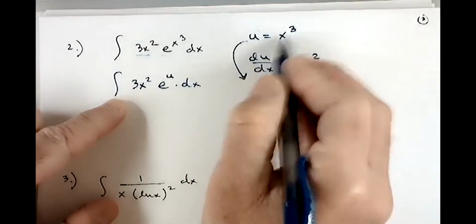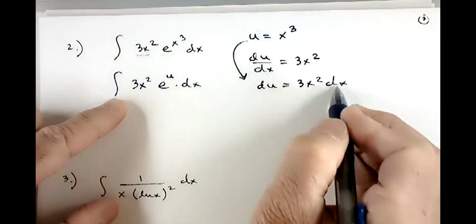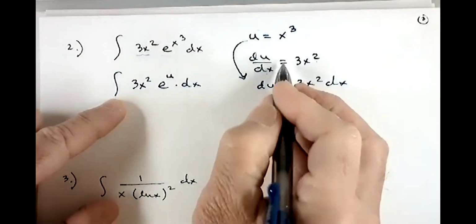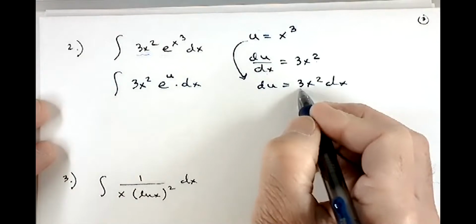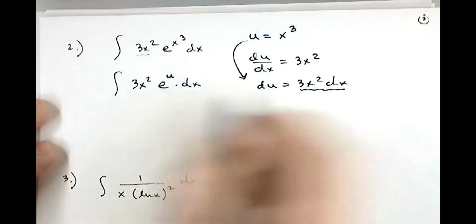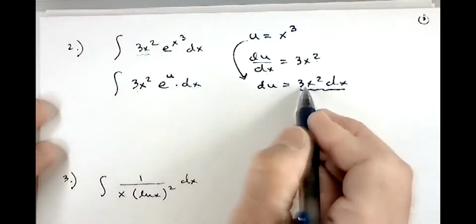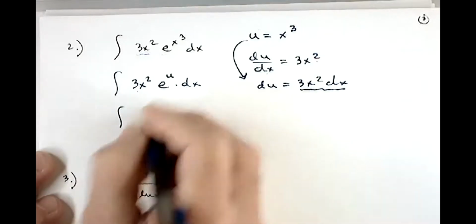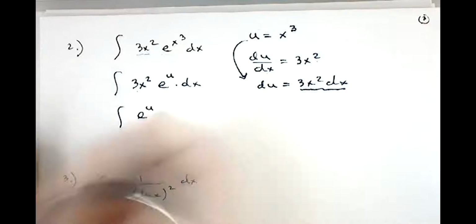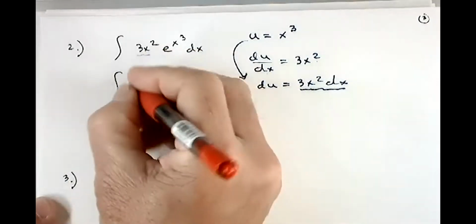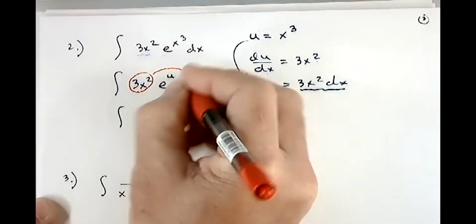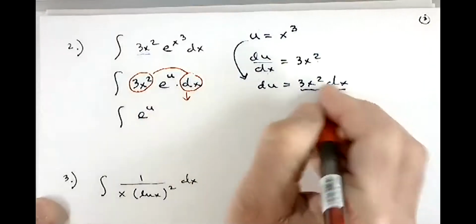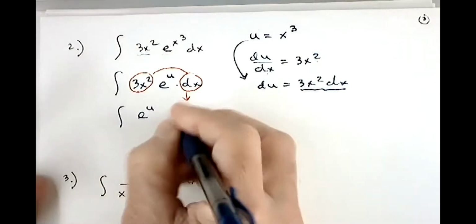You're going to do du and then just automatically tag on the dx over here. You can skip this part. And you'll notice then that, what do you know? 3x squared times dx is exactly du. So on my next rewrite here, I could replace this and this with a du.